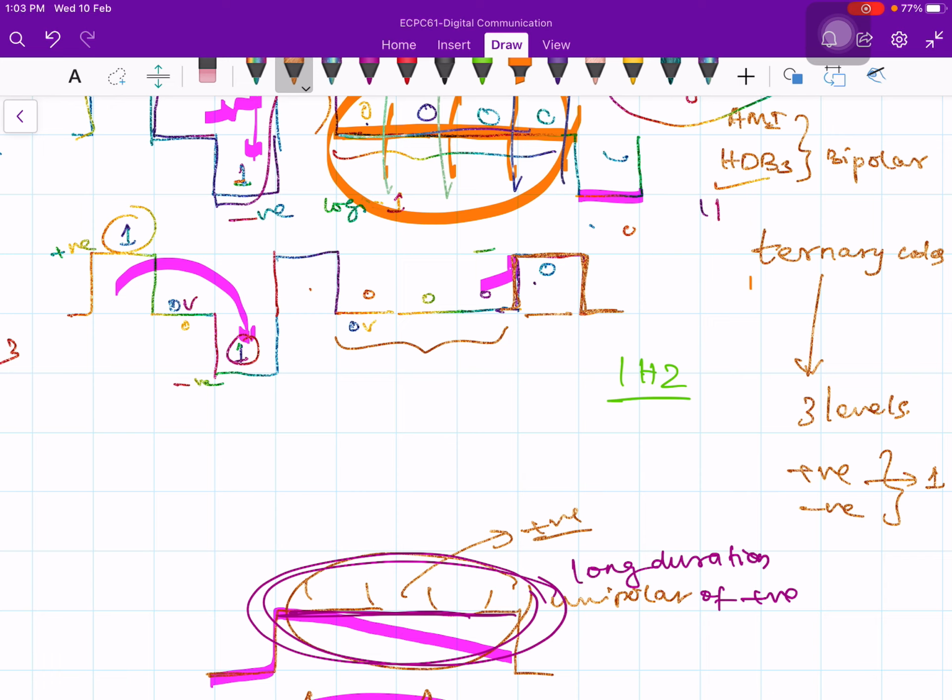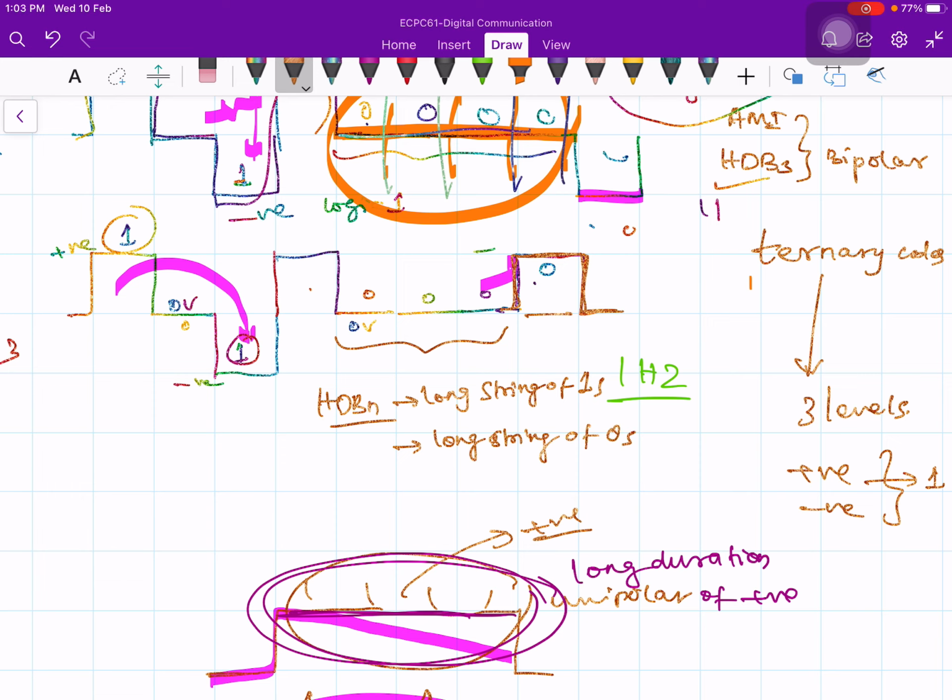Okay, so HDB3 is very similar to AMI code with only one difference. Okay, and this HDB code, HDBN code also takes care of long string of ones, but also takes care of long string of zeros.